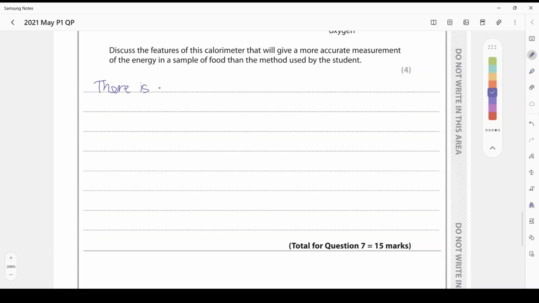So there is a lid to ensure that less heat is lost to the surroundings.